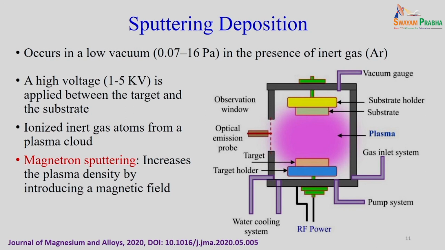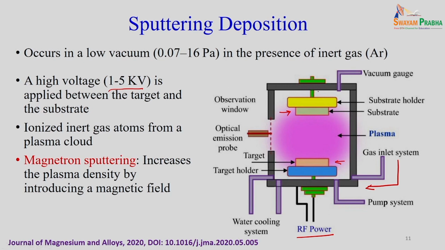here we are going to use an RF power, or you can say AC power, and this power varies between 1 to 5 kilovolt between the substrate and the target. What is happening? You have to generate a plasma cloud here. For the plasma cloud, an inert gas, let us say argon, is coming.